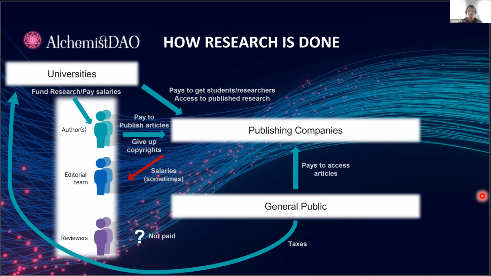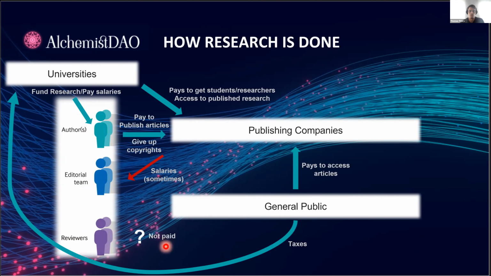So that's not great. And you might wonder what the publishing companies are doing with all this money. Well, they do pay salaries to the editorial team, but again, it depends on the companies and on the editorial team. Sometimes they're not really paid, sometimes they have salaries, sometimes it's just a one-time thing.